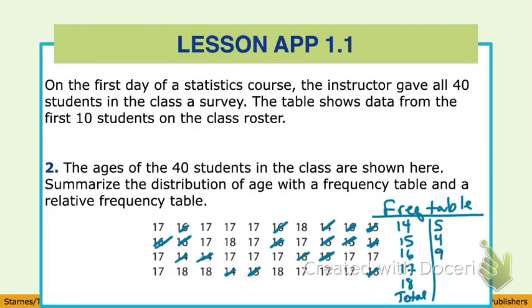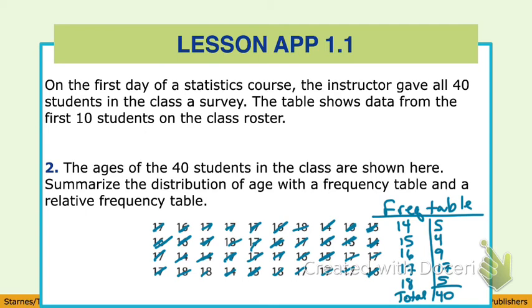So we have 9 for 16-year-olds. For 17, we have 17-year-olds, and then 5 18-year-olds, and that is a total of 40 students. So that's my frequency table.